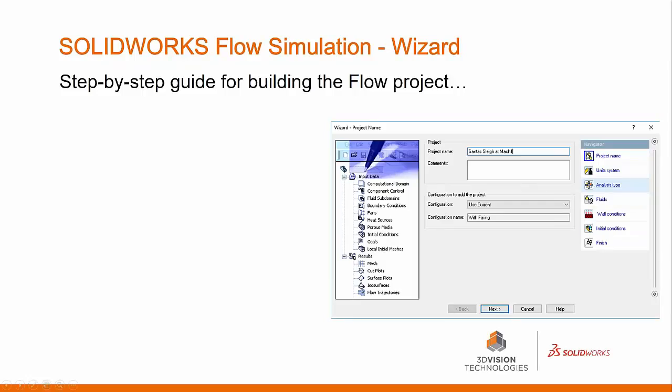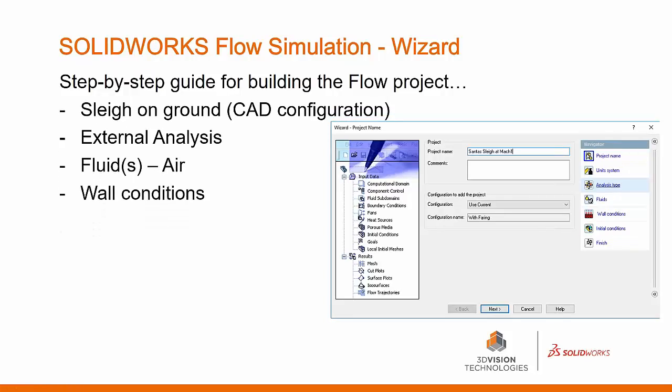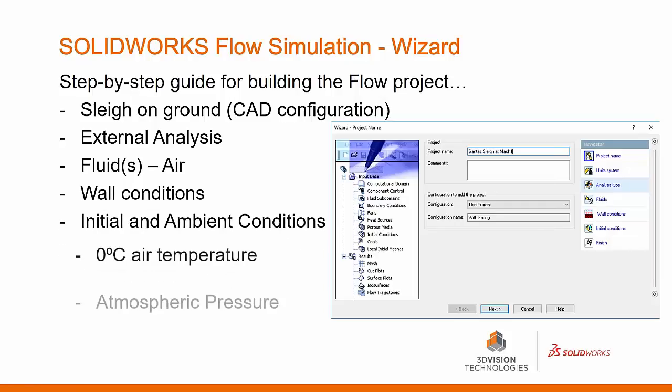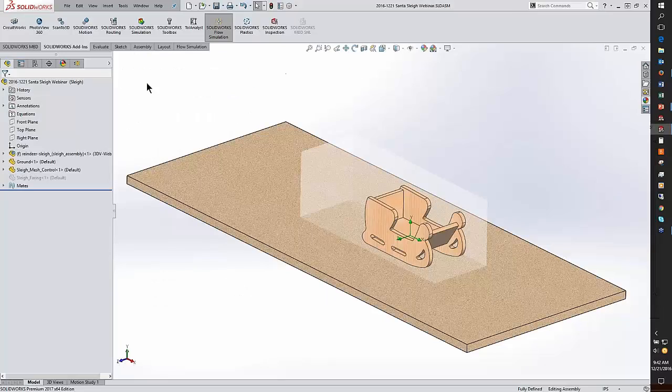Here's the step-by-step guide: we're basically going to use what's called the wizard in SOLIDWORKS Flow Simulation to get everything set up. These are the things we're going to need to do just for getting our flow project started. So I'm going to go ahead and switch to SOLIDWORKS and show you how that works.